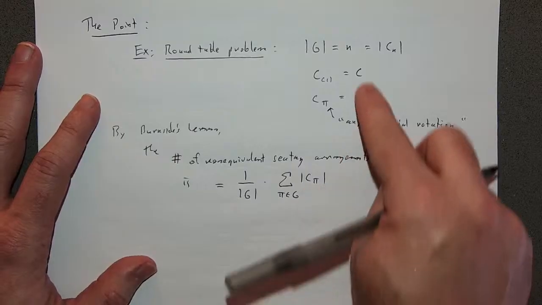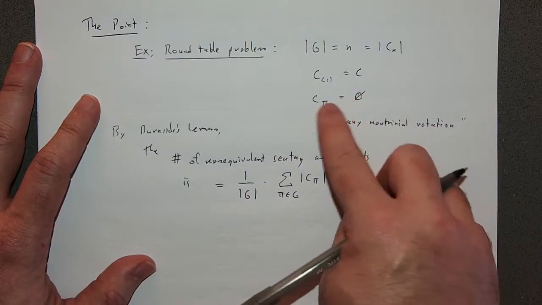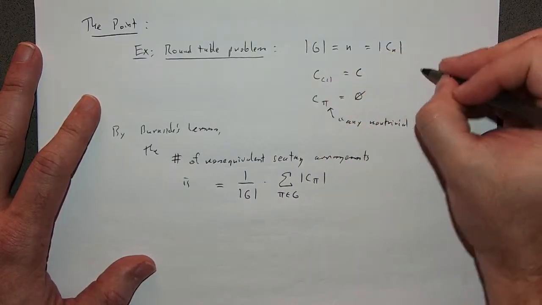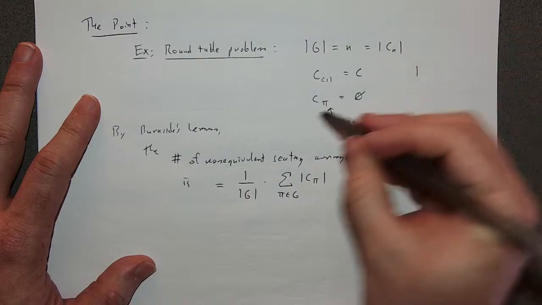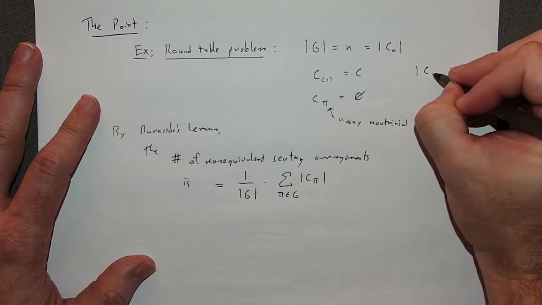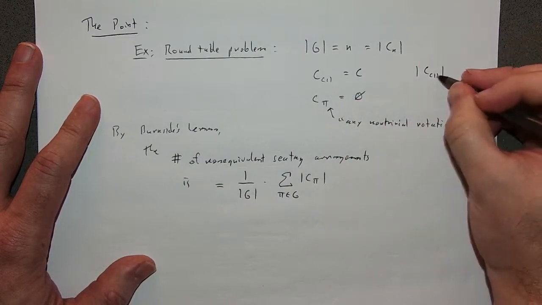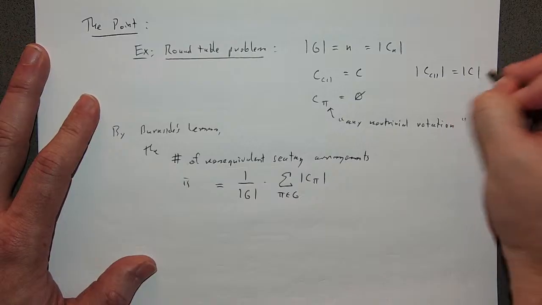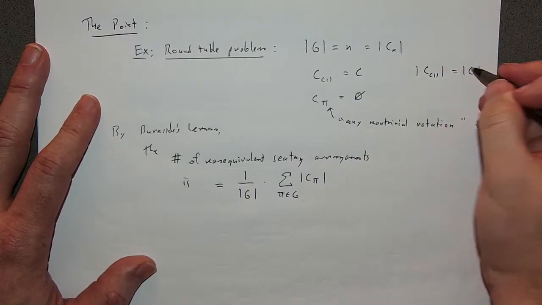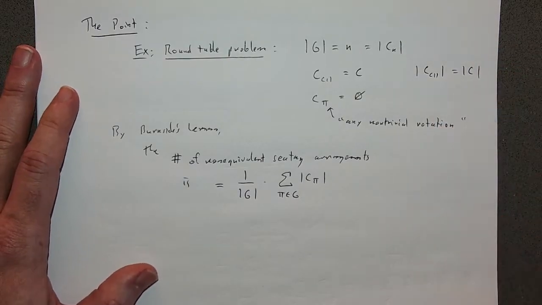But this sum only has a single term because the size of the invariant set of the identity transformation, of course, is just the size of C, which we know already.